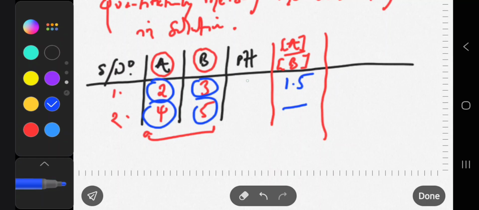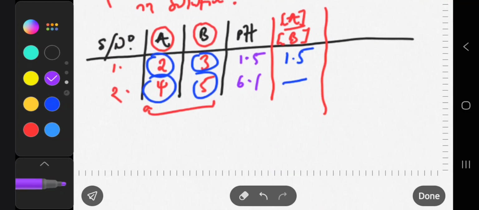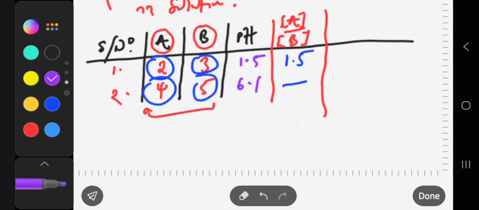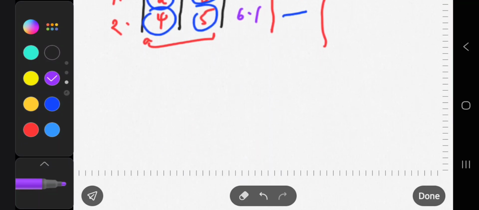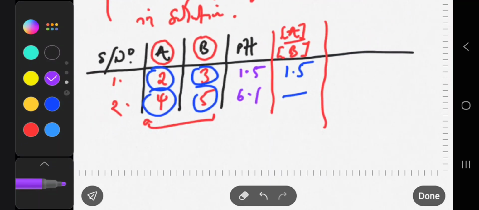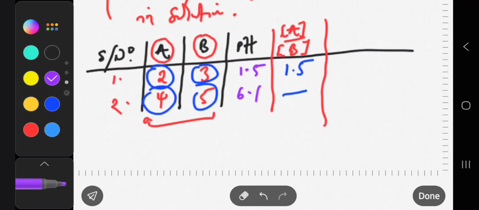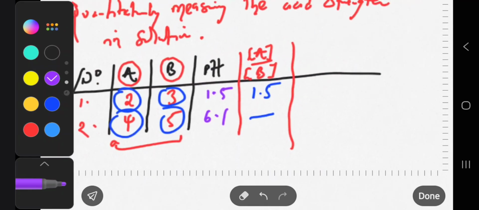Basically in the experiment, I guess you were expected to find the pH, let's say 6.1 for 1.5. I'm just assuming things here. All right, where I'm going is the aspect of plotting a graph. To find the dissociation constant of an acid, you need to plot a graph. But before then, usually you get to find the log of A over B.